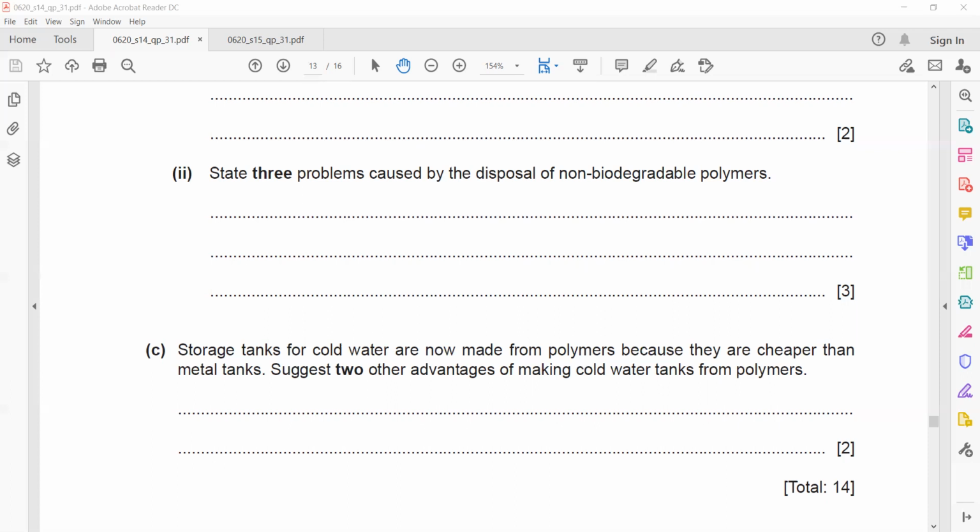It is a good insulator. It keeps the water at normal temperature, so it does not heat up or make the water warm. It is easy to manufacture or mold as well, and it resists corrosion, is unreactive, does not rust, and it has a low density. So these are some advantages of making water tanks from polymers.